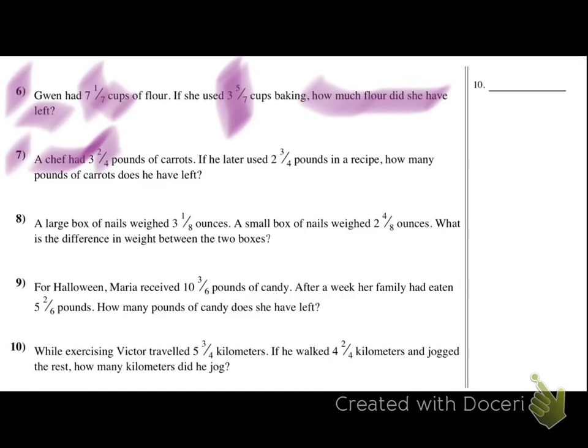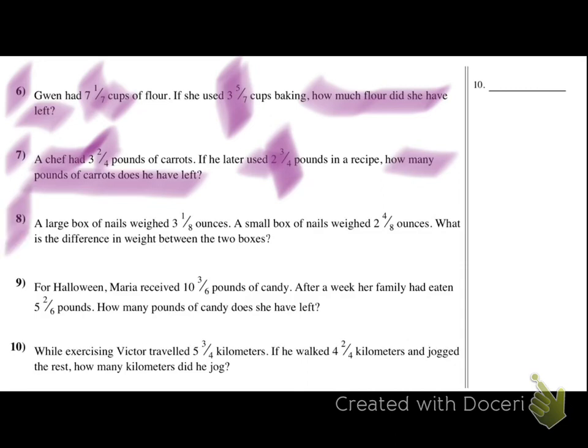If he later used 2 3/4 pounds in a recipe, how many pounds of carrots does he have left? So he had 3 2/4 pounds of carrots, and then he used 2 3/4 pounds. How much does he have left?